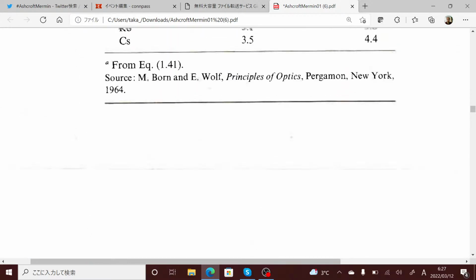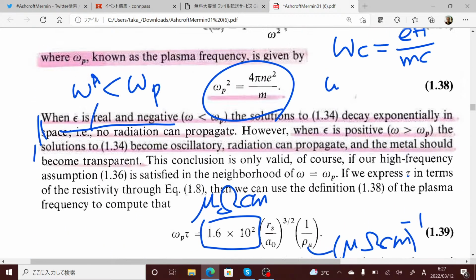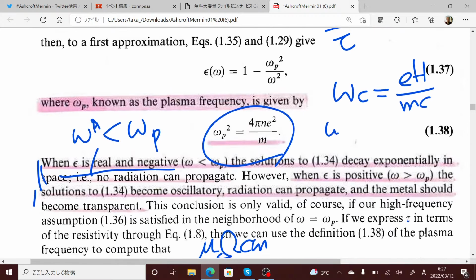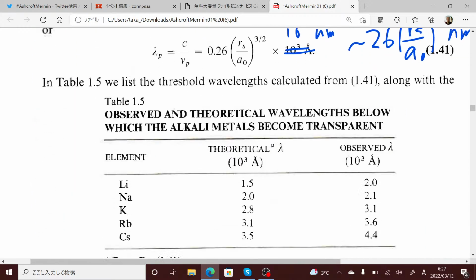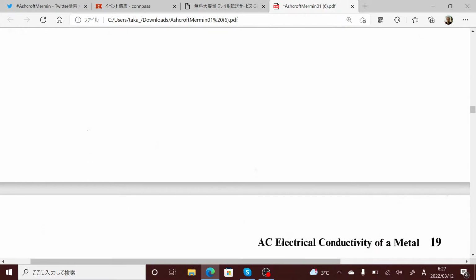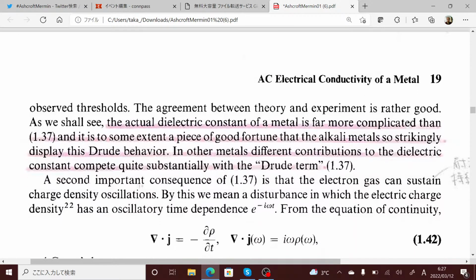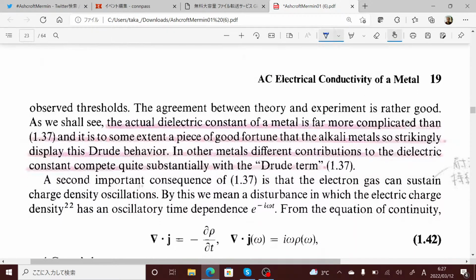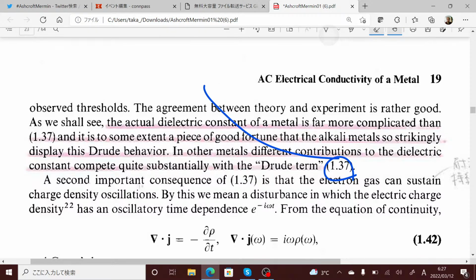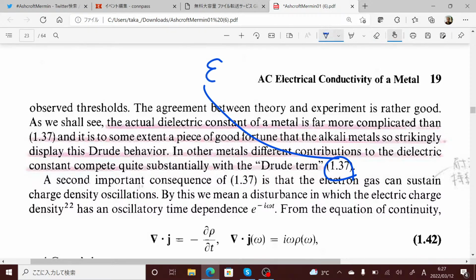A second important consequence of 1.37. What was 1.37? Epsilon of omega equals 1 minus omega p squared divided by omega squared.